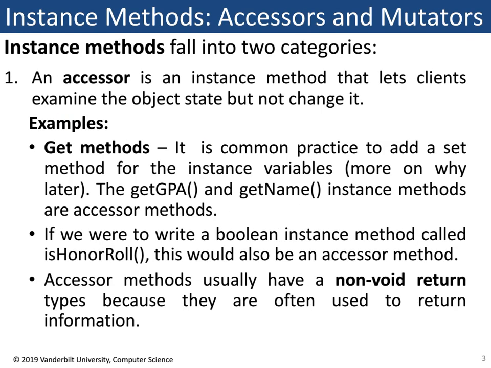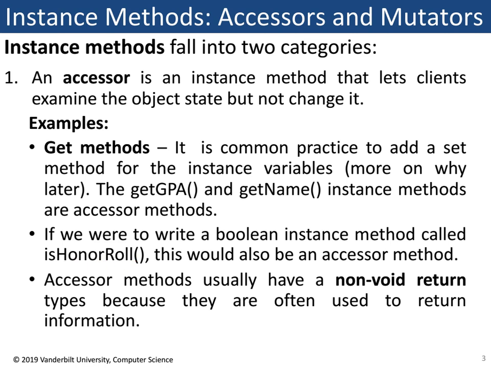Our instance methods that we write into the class fall in two varieties. First, there are accessor methods, which are going to return some information about the instance. So an example of this would be the get methods that we made for our student class. So the getGPA method returned the current GPA. The getName method returned the name. These are accessor methods.